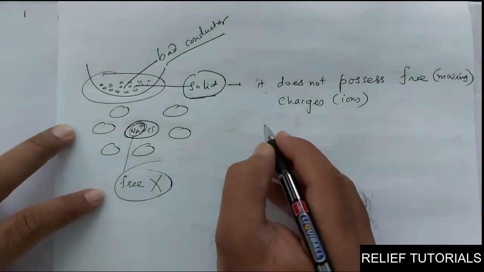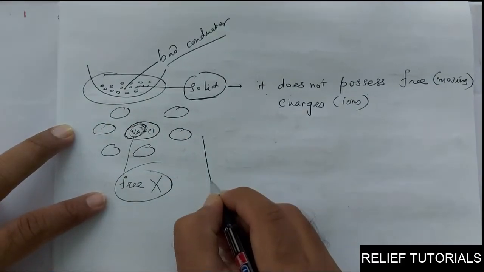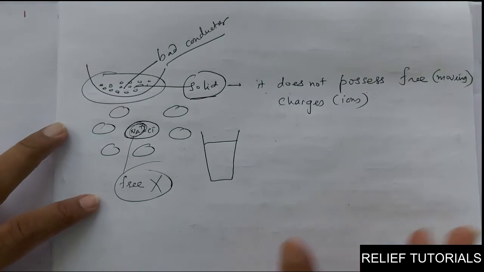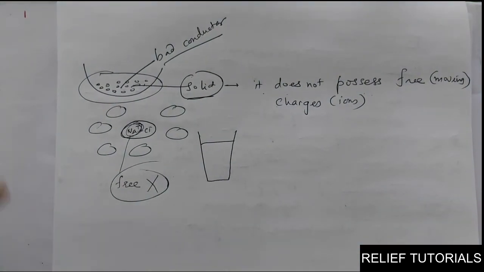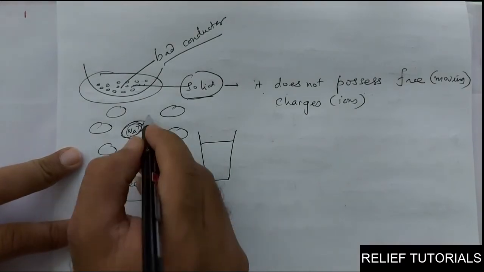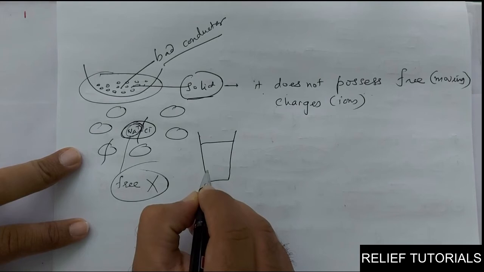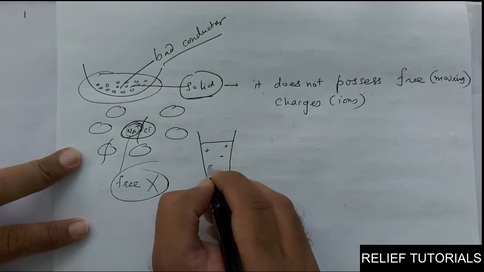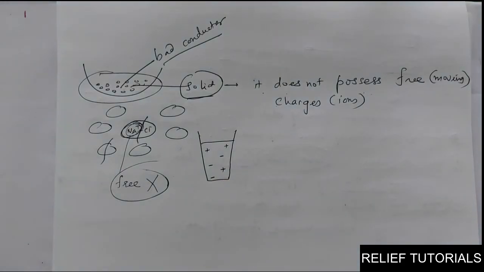Now if you dissolve this NaCl in water, what happens? As we know that these ionic compounds are soluble in water, what will water do? Water breaks the bond between Na and Cl. So when you add sodium chloride here, Na plus and Cl minus get separated.